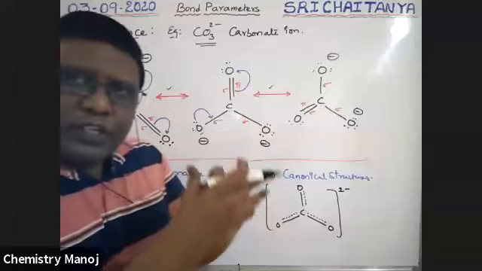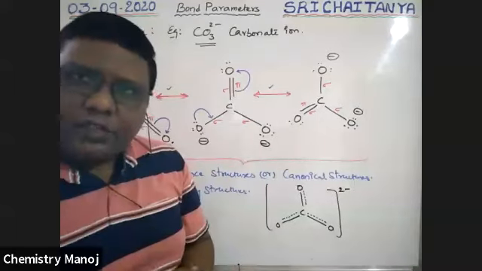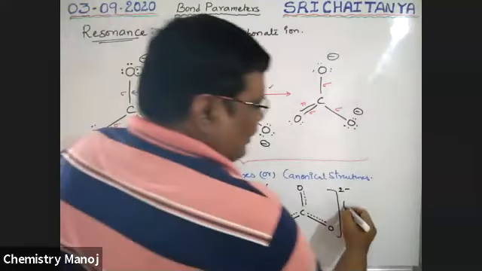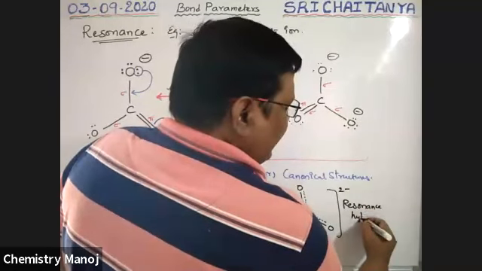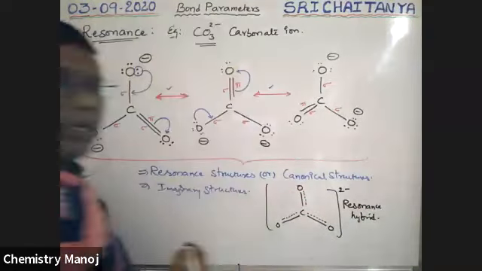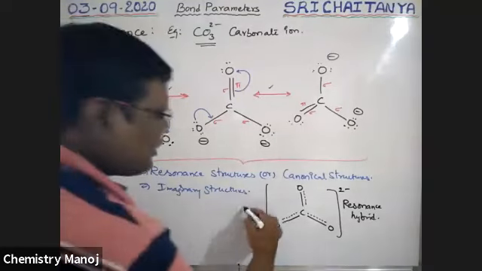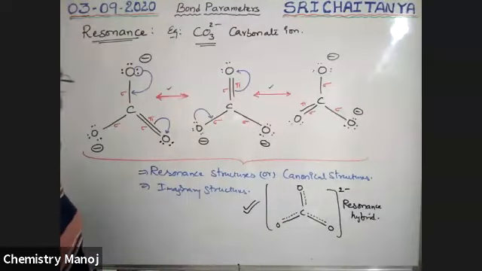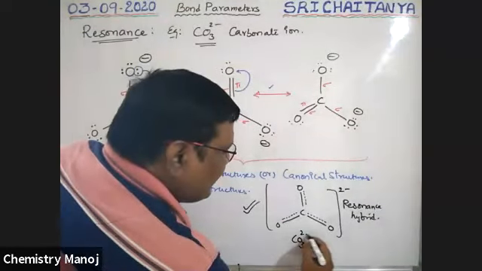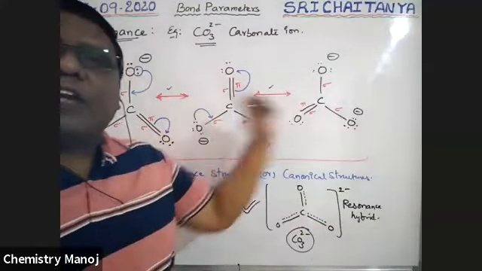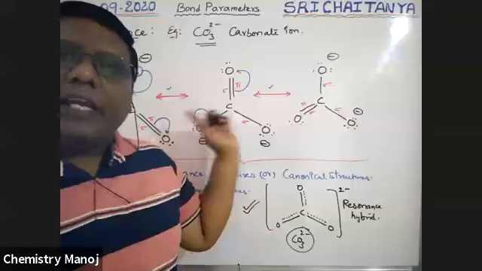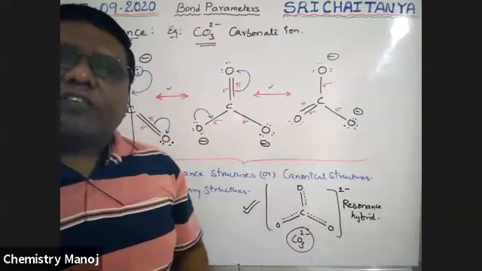So a mixture of resonance structures is nothing but the resonance hybrid. This structure is called the resonance hybrid structure. This is the structure of the CO3 2 minus ion. The carbonate ion structure is like this, not any one of these three. This is the actual structure of the carbonate ion.